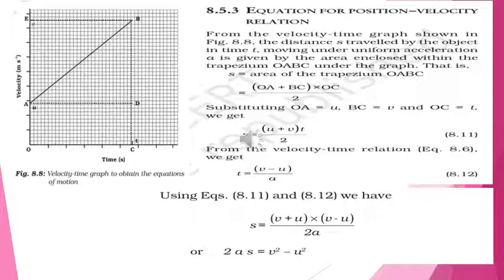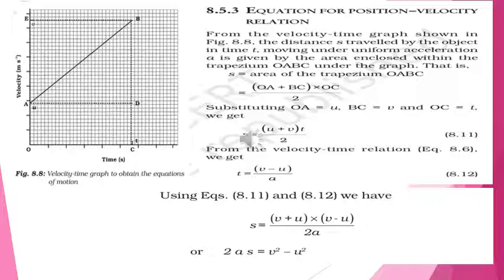Now the same relation you got previously, T is equal to V minus U upon A, because you are aware acceleration A equals change in velocity upon T, that is V minus U upon T. So replace A and T, and you will get the value of T. Now we will combine these two equations: in 8.11 we write T is equal to V minus U upon A. So you will get from these two equations S equals V plus U into V minus U upon 2A.